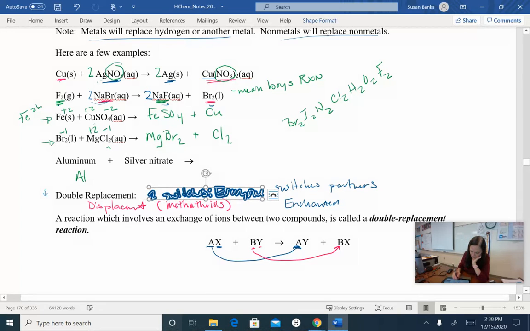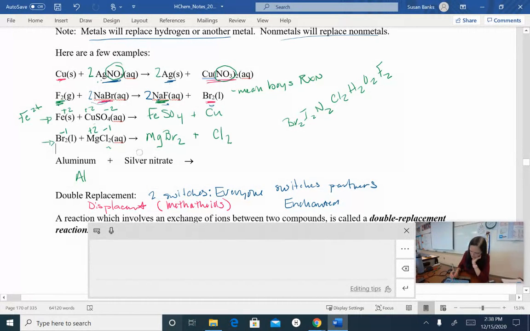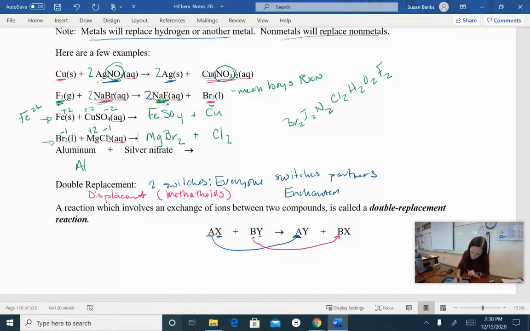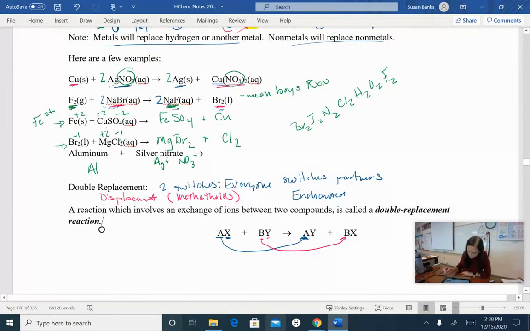So it is a +1. Okay, so silver is a +1, and nitrate is NO3 -1. So when we put those together, we want 1 to 1. So I'm going to put this over here. We're getting pretty crowded. Aluminum plus silver nitrate.